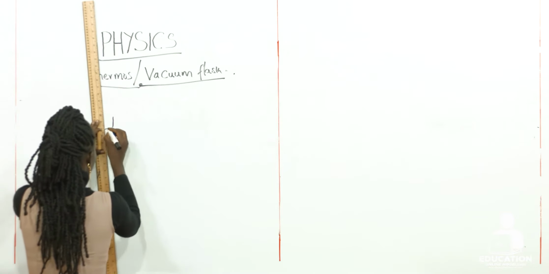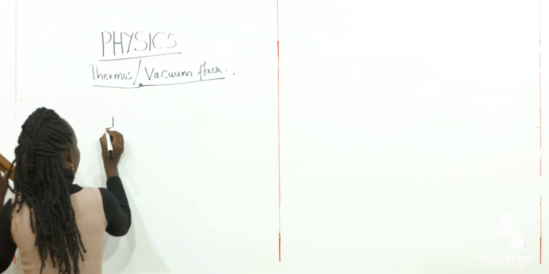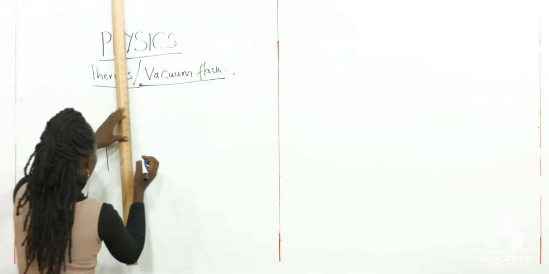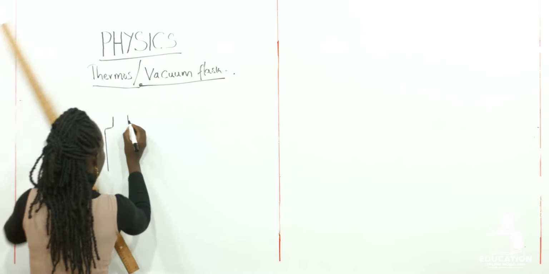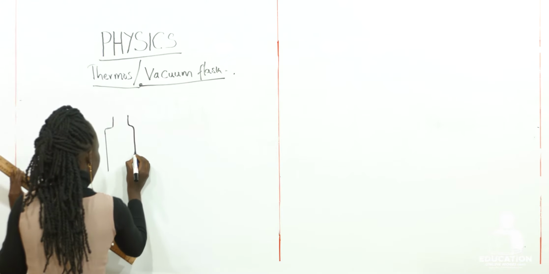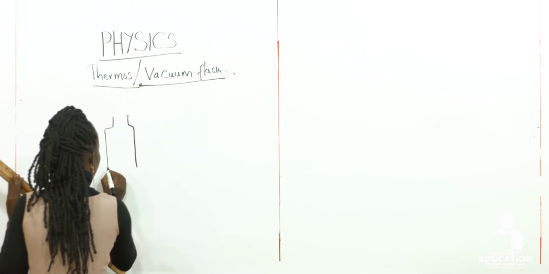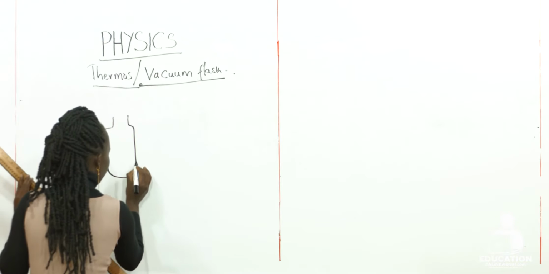We shall have our first silvered surface here. This is our next silvered surface. So we say there were two silvered surfaces. This would be our first surface.